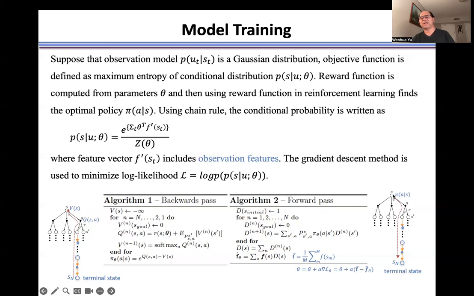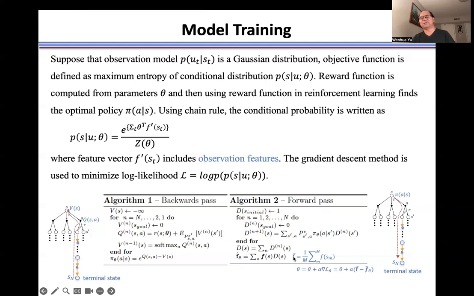That means we just spread from state S to all the possible trajectories until we reach the terminal state. We get this sequence of D. And then we calculate the sum of this D, and then we get the feature count and the expected policy.